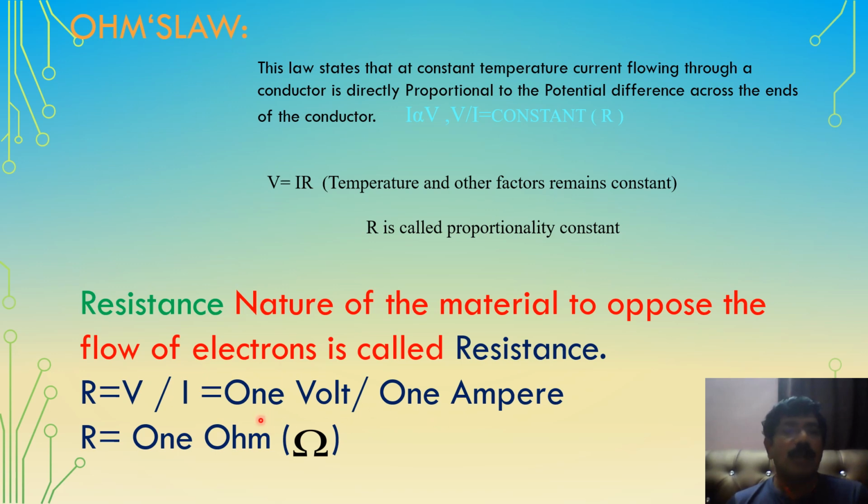Now, what are the units of resistance? As you know, potential difference is measured in volts and current is measured in amperes. So 1 volt by 1 ampere is nothing but 1 ohm. How can we define ohm?